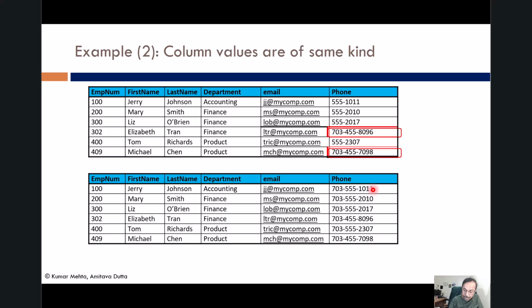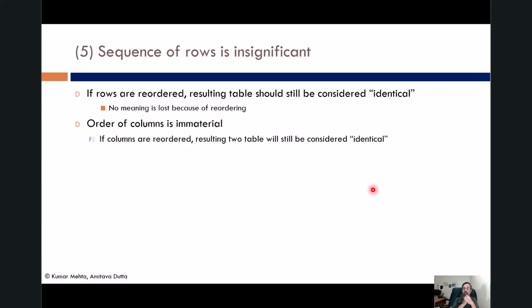Okay. So another requirement for a table to be a relation is that if I reorder the rows in a table, it still remains the same. The relation is the same relation. So the order of the rows is immaterial, and the order of the columns is also immaterial. So I can order the columns in any order that I want.